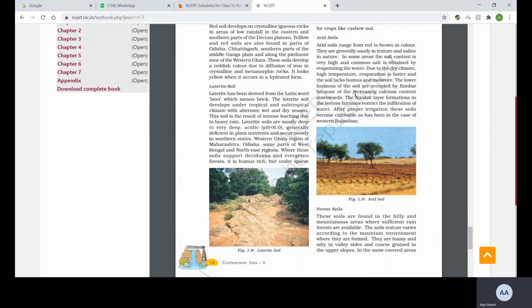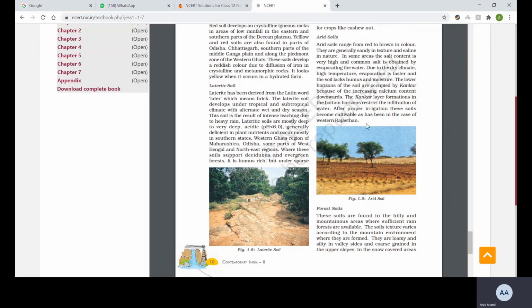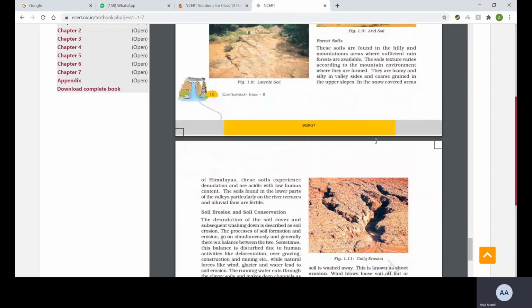They are made up of kankar nodules, and in some areas the salt content is very high and common salt is obtained by evaporating the water. Then forest soils are generally found in the Himalayan region.